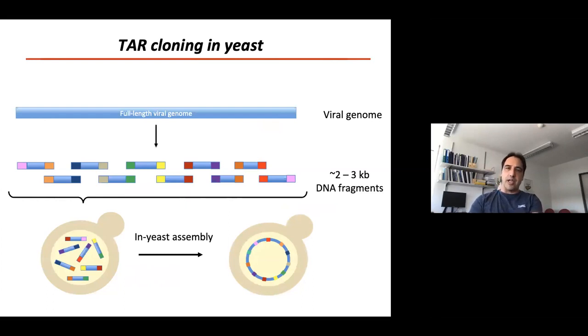And essentially you can transform them with a whole bunch of overlapping fragments. And the yeast will then take these fragments and assemble them correctly into a yeast artificial chromosome.